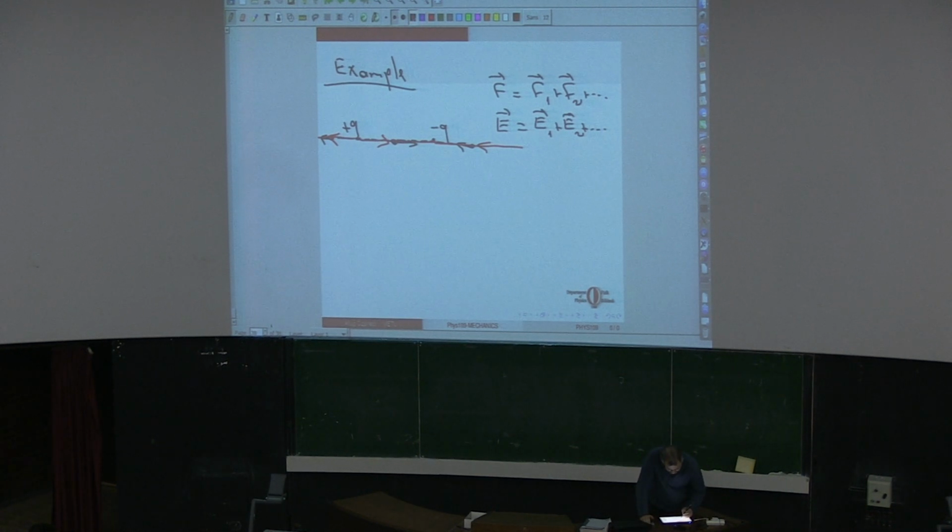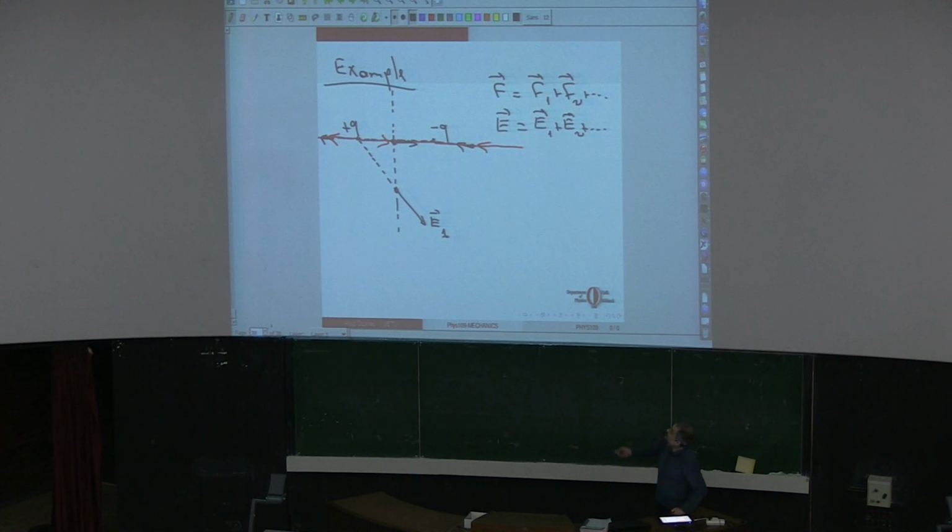Now first let's look at these points. The net electric field at this point. Well, what is the electric field created by the positive charge? Away from the positive charge. So let's see, this is E1, let's call it.